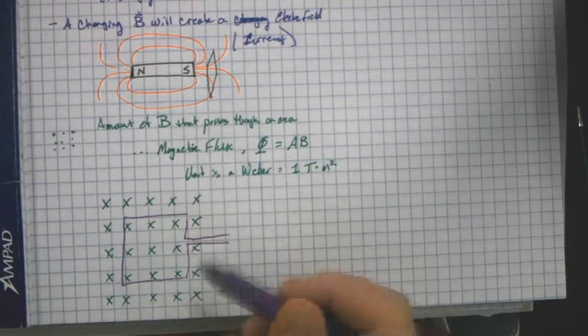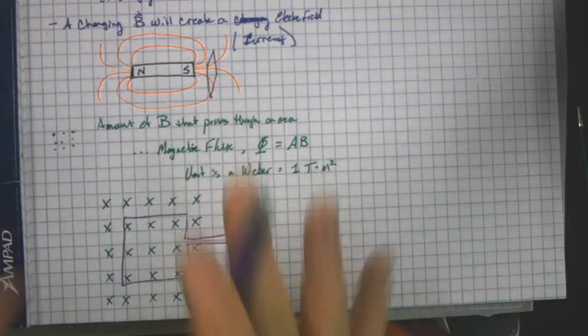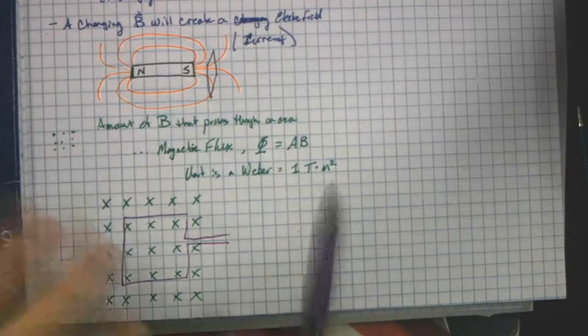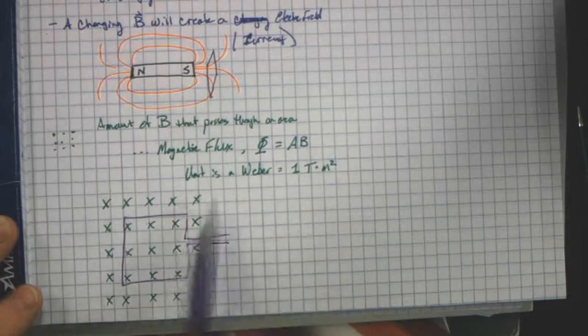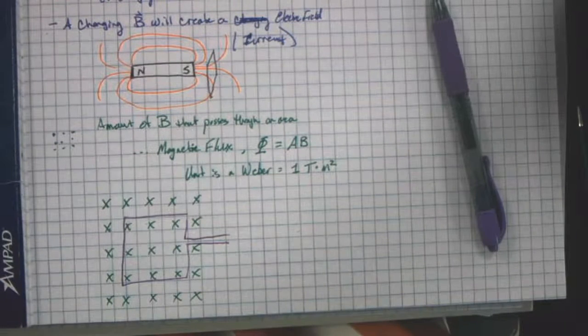What if I turned the loop? So here's the thing. We need to start thinking in 3 dimensions here. It's not just 2-dimensional stuff moving around anymore and forces acting in this direction or that direction. We need to start thinking in 3 dimensions. So let me see if I can get an example here.